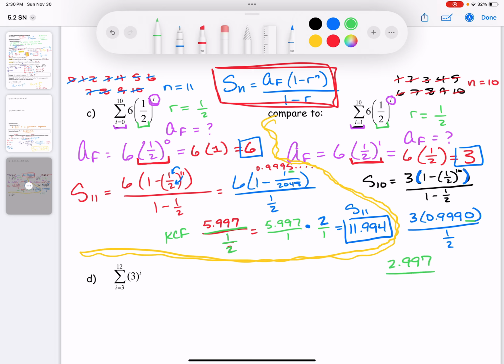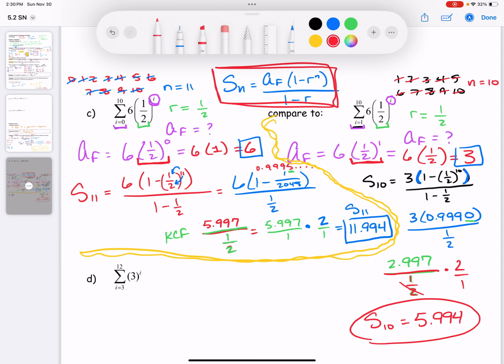2.997 over 1/2. And remember, dividing by 1/2 is the same thing as saying times 2 when I keep, change, flip. And so when I multiply that by 2, I get the sum of the 10 is 5.994. So very similar numbers here.